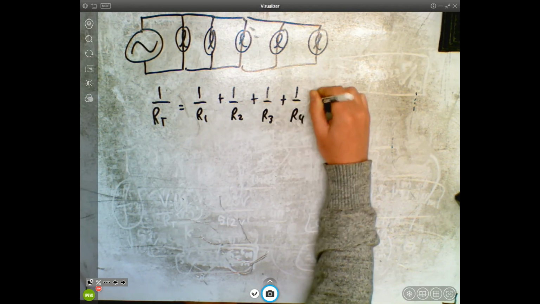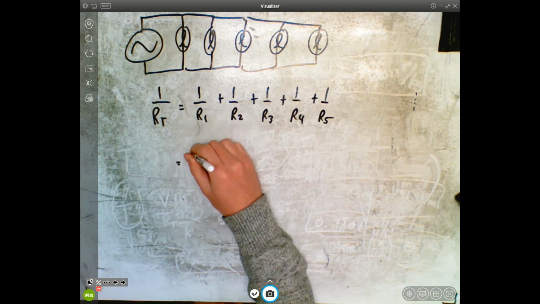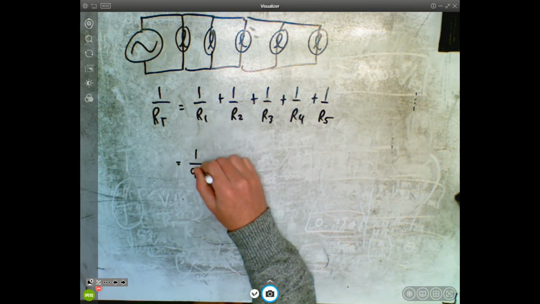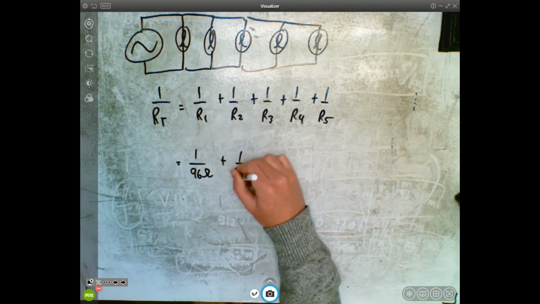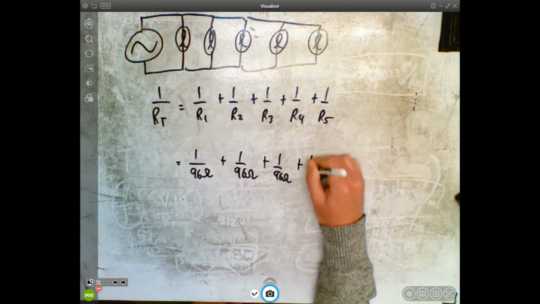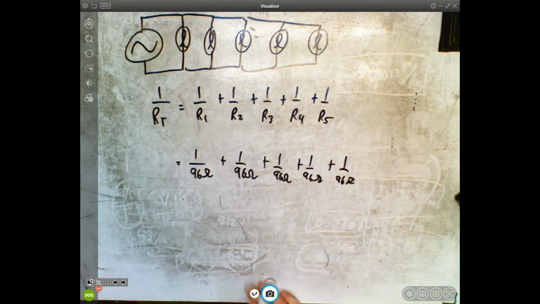So I would have to go 1 over, and it says that each one has 96 ohms resistance. So 1 over 96 plus 1 over 96 plus 1 over 96 plus 1 over 96 plus 1 over 96, 5 times. I'll show you a nice way of calculating that in your calculator.